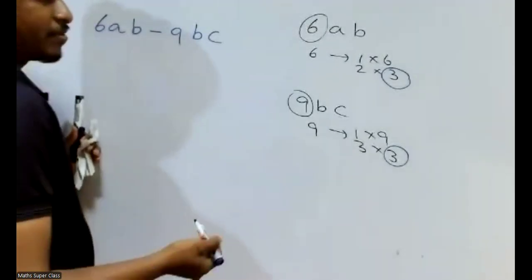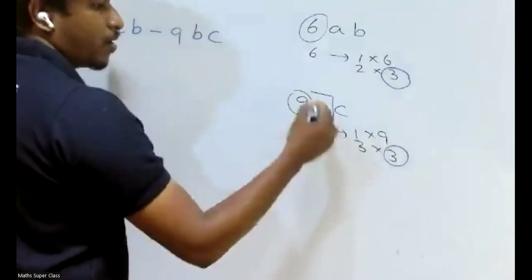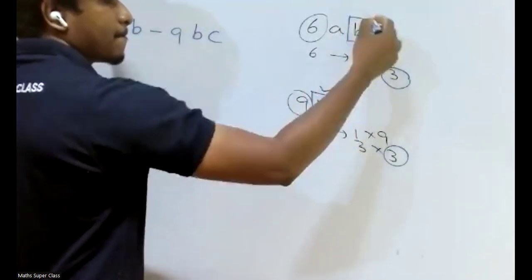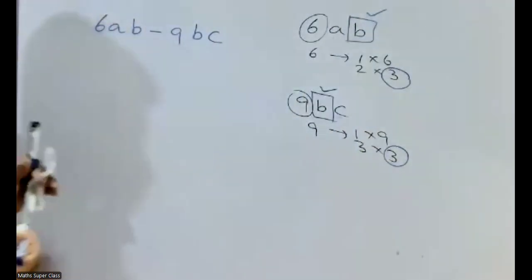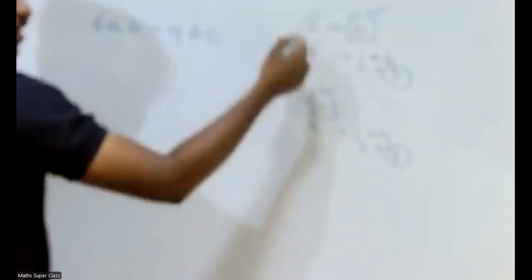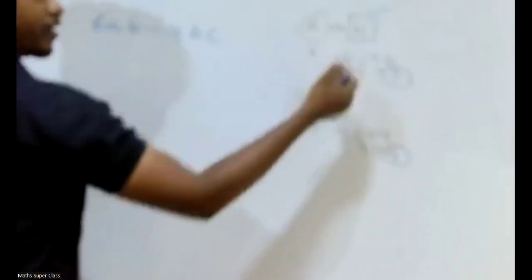Only 3. How about a, b, b, c? b. Also, can we get minus? No, we can't find minus here. But in both terms we can find b.